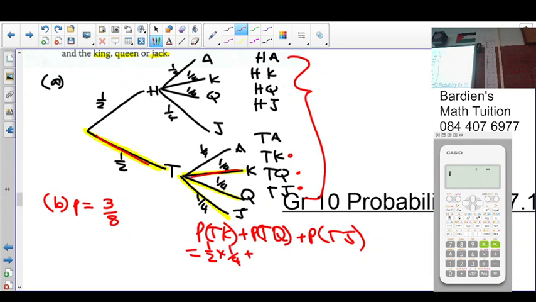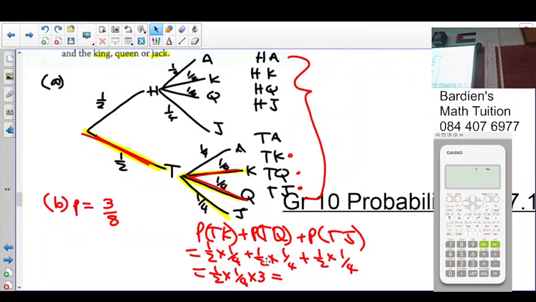Plus 1 out of 2 times 1 out of 4, which is this path here, plus 1 out of 2 times 1 out of 4. There are 3 of those. So you just say half times a quarter times 3, which gives you 3/8. And of course, it's easy to see that this is 3/8.